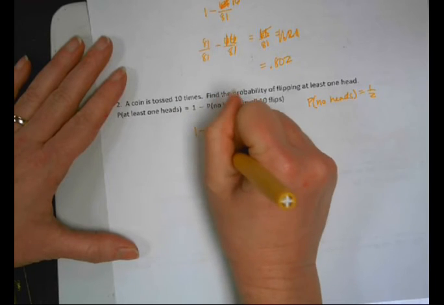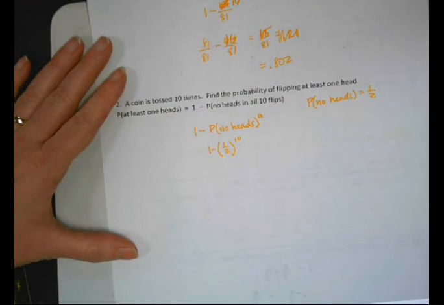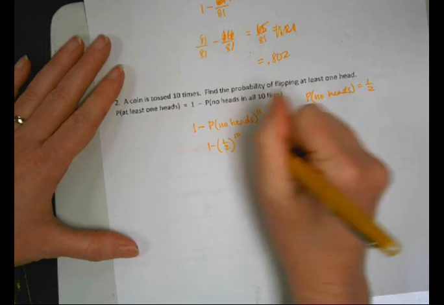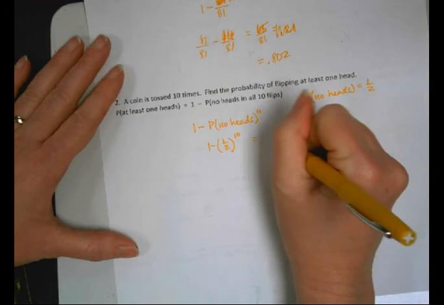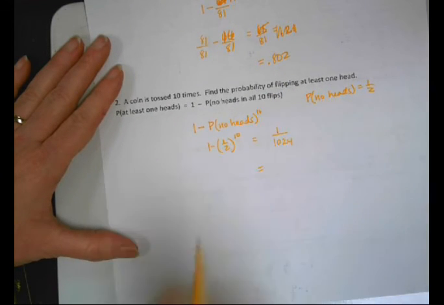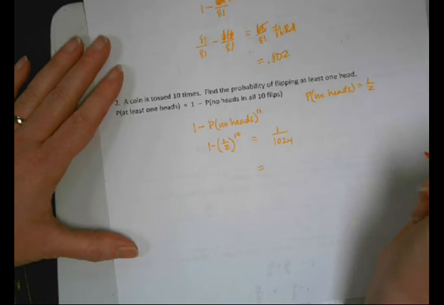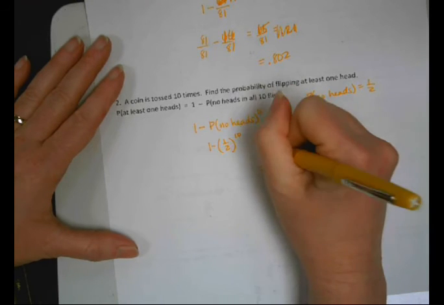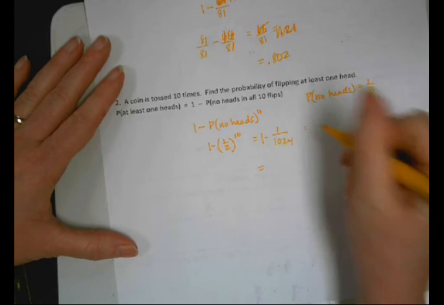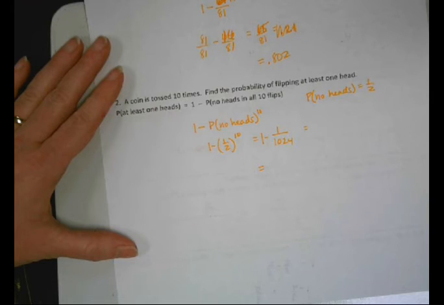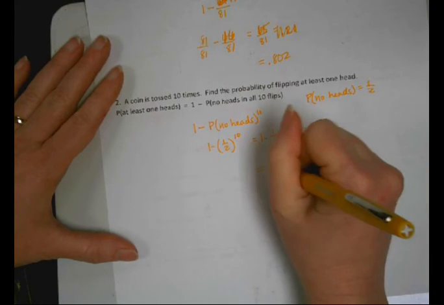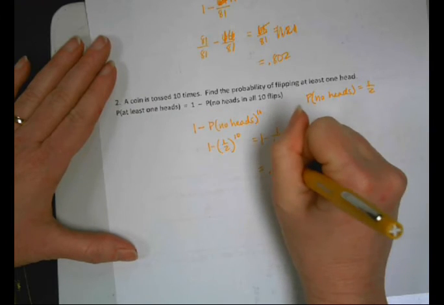Yep. And the fraction is 1 over 1,024. So it's 1 minus that, which is 1,023 over 1,024, which is 0.999.